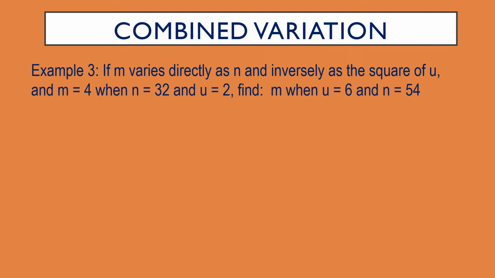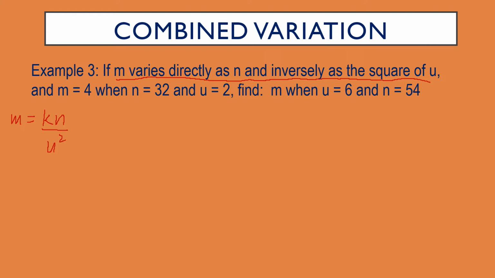First, we will translate this statement into a mathematical equation. So we have m varies directly as n and inversely as the square of u. The square of u will be represented by u squared.